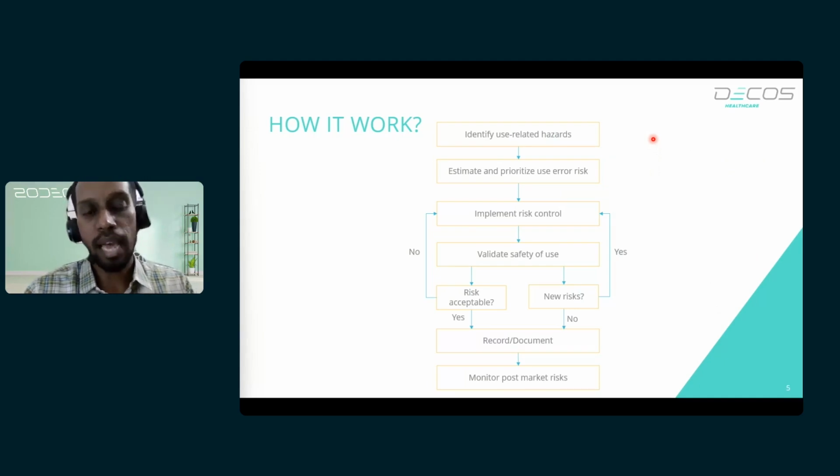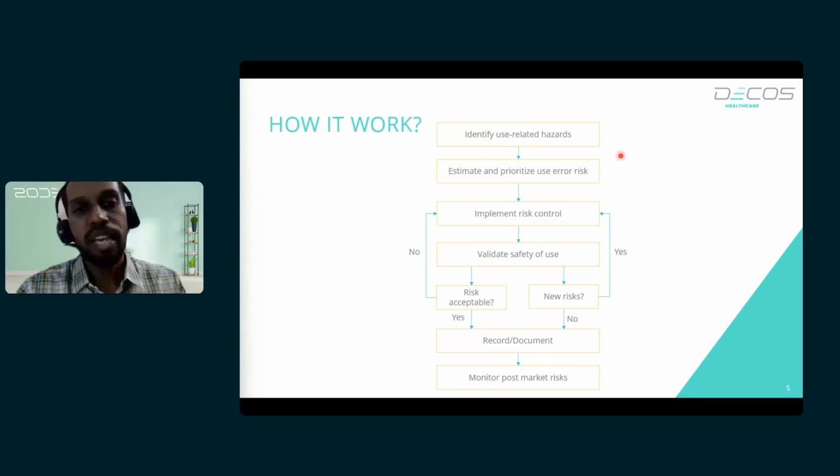So I need to rank these use related risks depending on their impact, so that this priority gives me input on how many critical use errors can occur when I'm using these devices. These critical errors should be given utmost importance so that I can minimize them from occurring in real time.